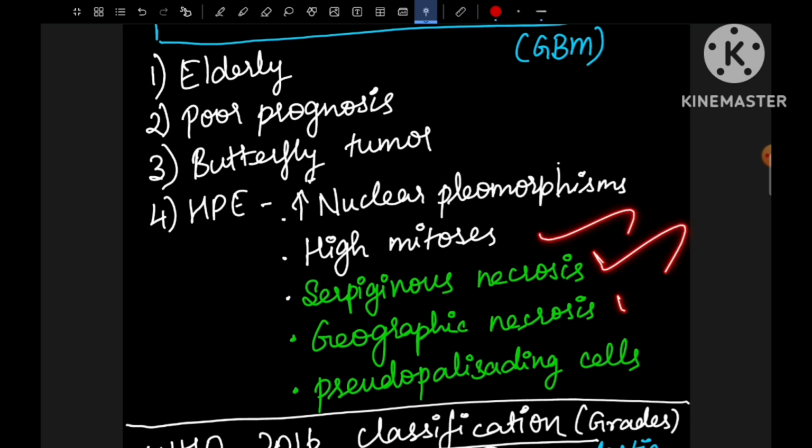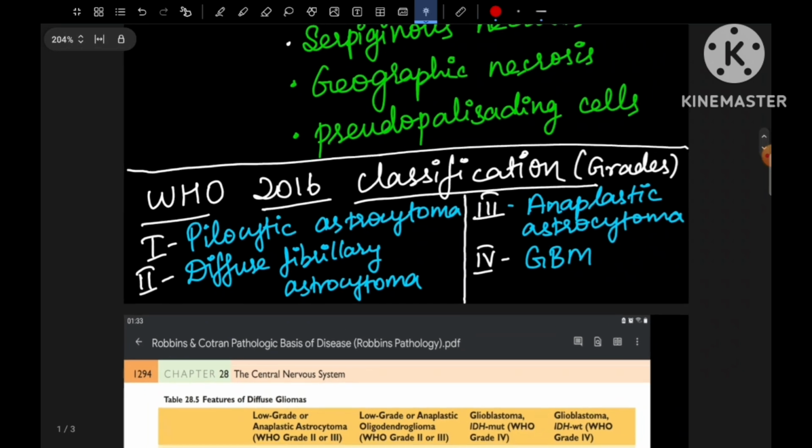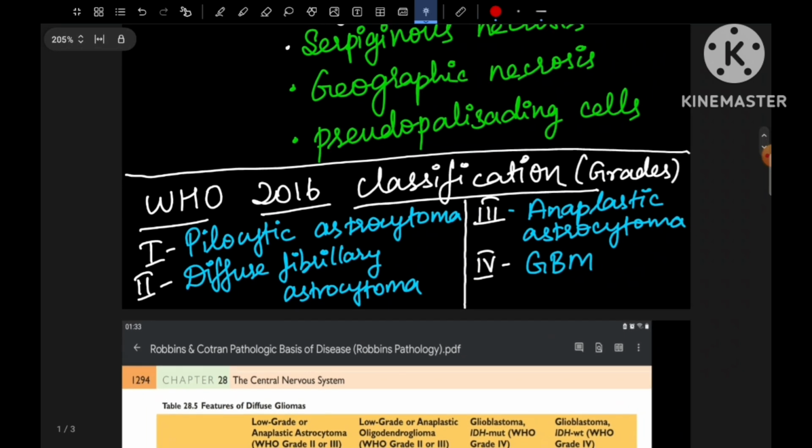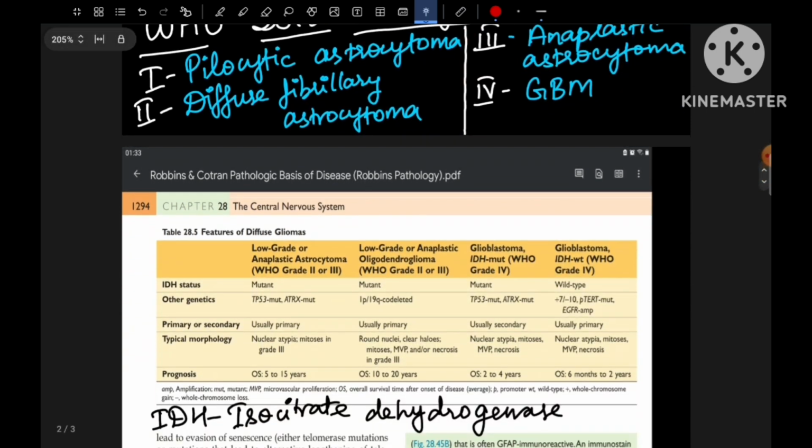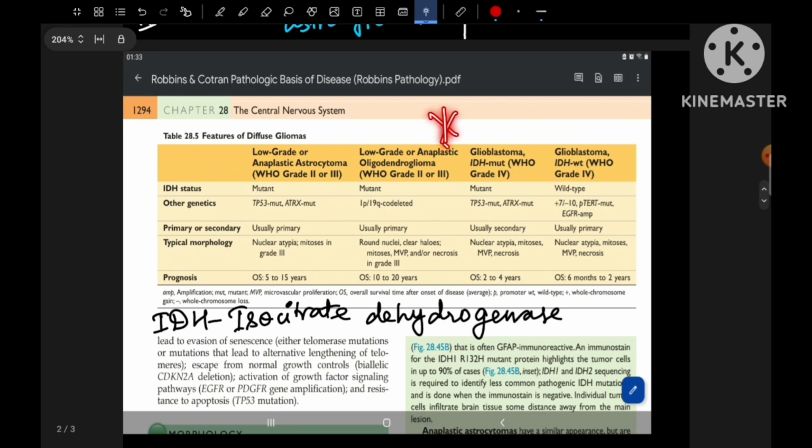There will be serpiginous necrosis, geographic necrosis, pseudopalisading cells. WHO updated the grades of tumors in the 2016 classification to pilocytic astrocytoma, diffuse fibrillary astrocytoma, anaplastic astrocytoma, and the fourth one was GBM. This tabular column is the most important thing.